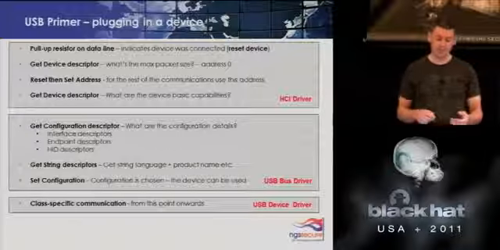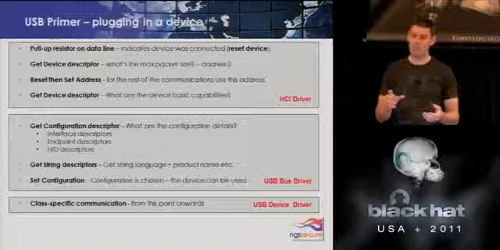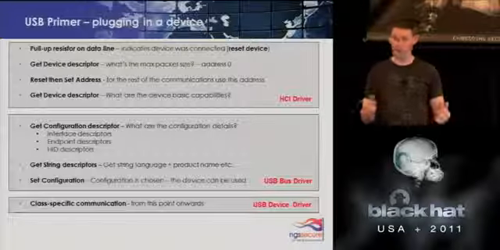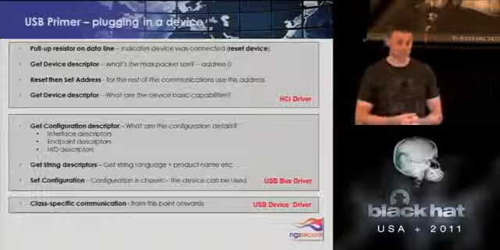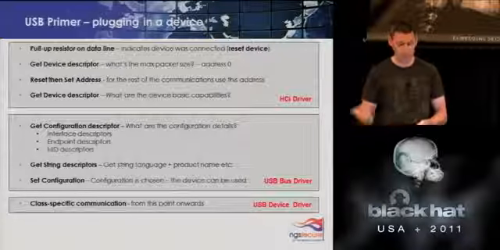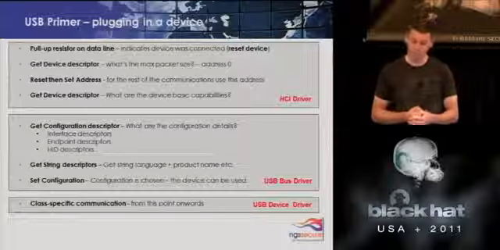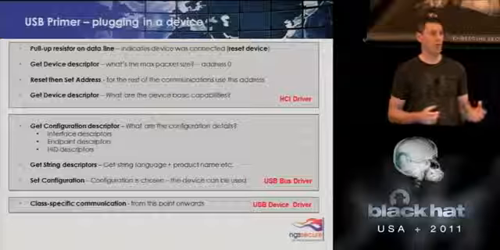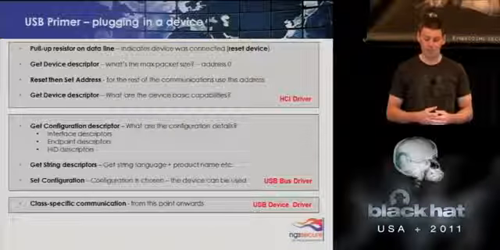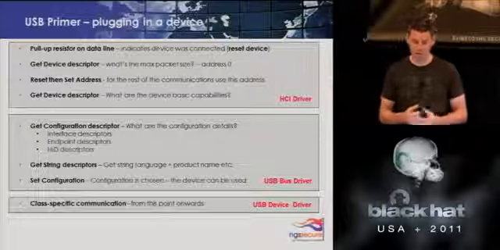It then asks again for the device descriptor. The first time was just to get the max packet size so it could work out how to communicate with it. This time it's actually asking for the basic capabilities of the device. And this is all happening within the host controller interface driver, the driver that comes bundled within your OS that understands what USB devices are and how to initially communicate with them.